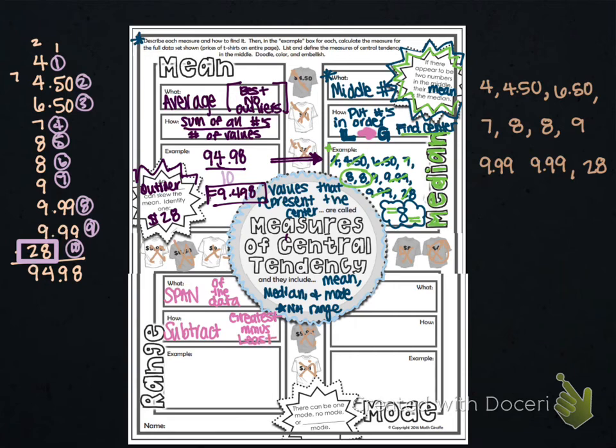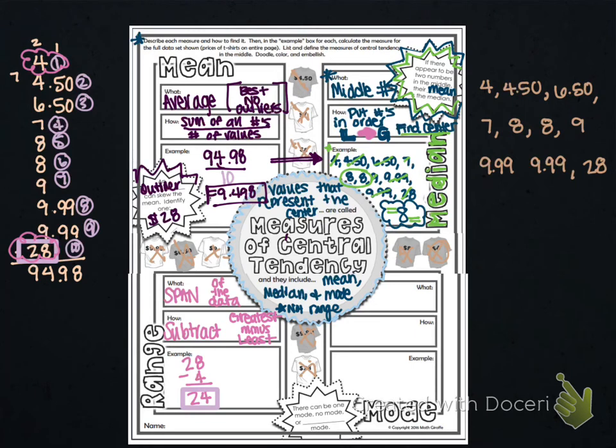So we have to identify the greatest number and the least number. And if you're doing your median and you already have it in order, then that's pretty easy. 4 is your smallest and 28 is your greatest. So we would take 28 minus 4 and get 24 as our range.